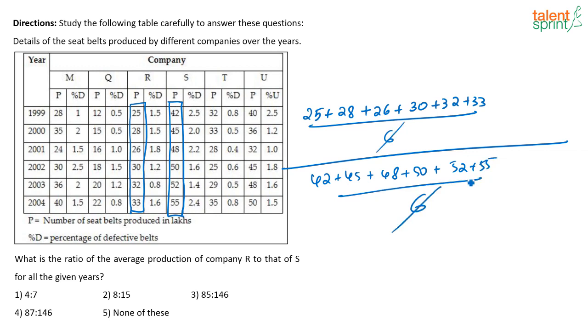Can any of you tell me what answer you get here? Just add like this. 25 plus 28 plus 26. So, 25 into 3 is 75. Again, 75 plus 3, which is 78. 78 plus 1, 79.